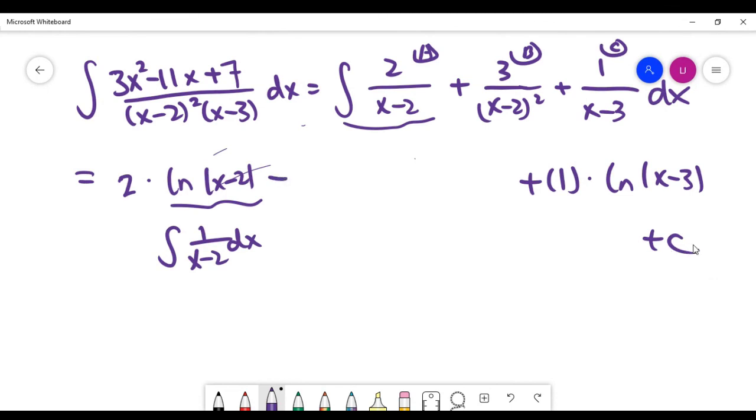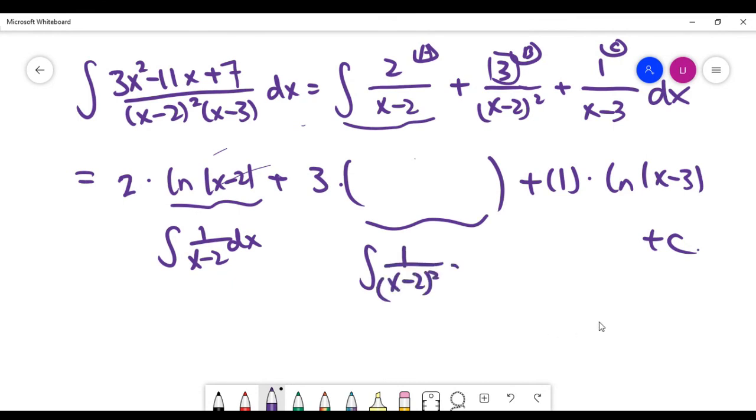How about the middle term? It's 3, which is the constant at the top, times something. And please check the fact that now the bottom doesn't look very easy, because you are asked to integrate 1 over x minus 2, the whole thing squared, right? But this case is actually easier than the case like the degree 2 factor we saw in the last video, because we can simply use the power rule.